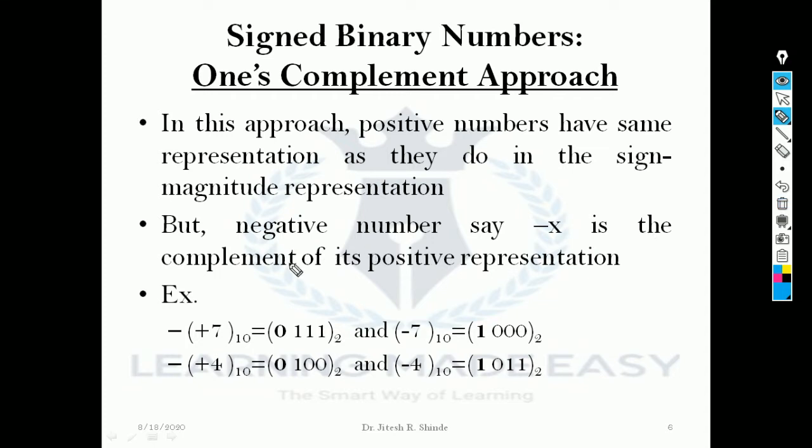The ones complement approach differs from the signed magnitude approach in the representation of negative numbers. What is being said here? Minus x, a negative number, is the complement of its positive representation.